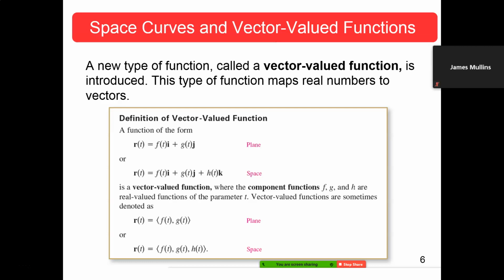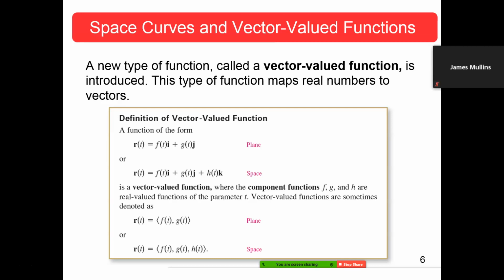Now, a new type of function called a vector valued function is introduced here. This type of function maps real numbers into vectors. The real numbers are your values for your t, and your vectors are usually given the term r of t, but that is now a bold r, meaning you're dealing with vectors.